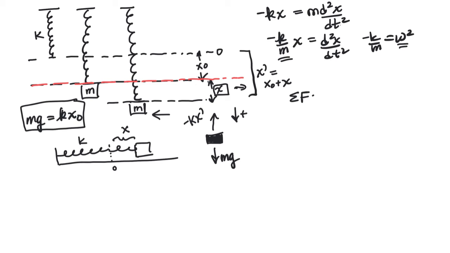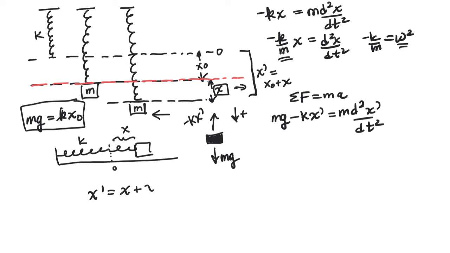Coming over here and writing sigma F equals ma, I get mg minus kx prime equals m times d squared x prime dt squared, because that's my true position of the mass. It's x prime off of x equals 0. The first thing I'm going to notice is that if x prime equals x plus x naught, then d squared x prime dt squared equals just d squared x dt squared, because x naught is a constant.